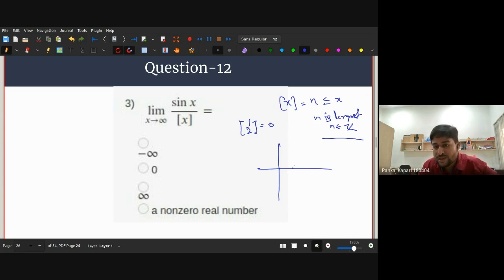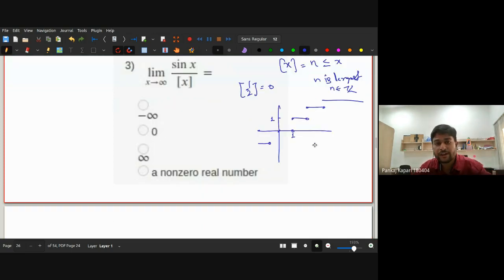So the graph looks like this: open here, because at 1 the value is 1, then open and close at 2. If values of x are between -1 and 0, it gives -1. Like this, the graph goes on.